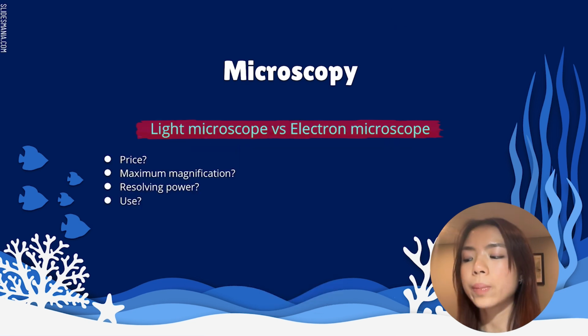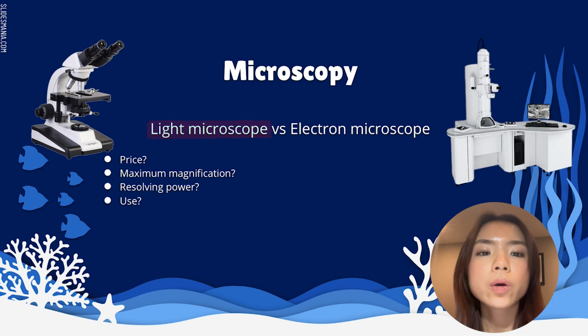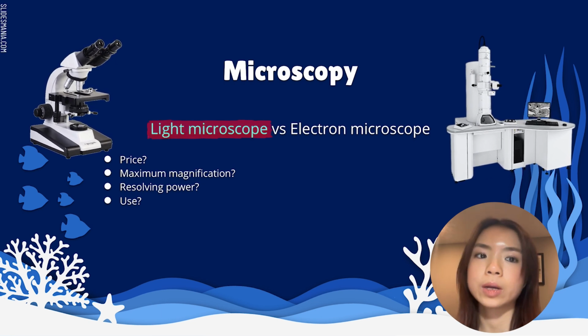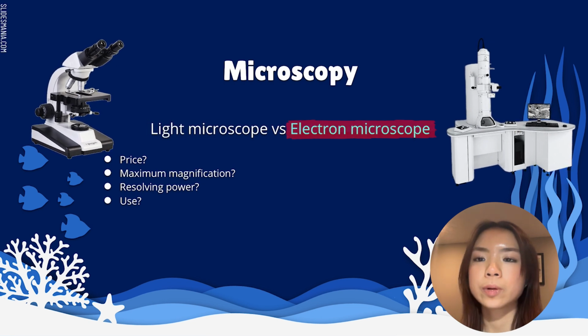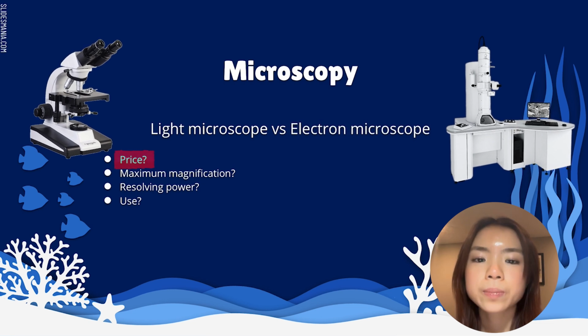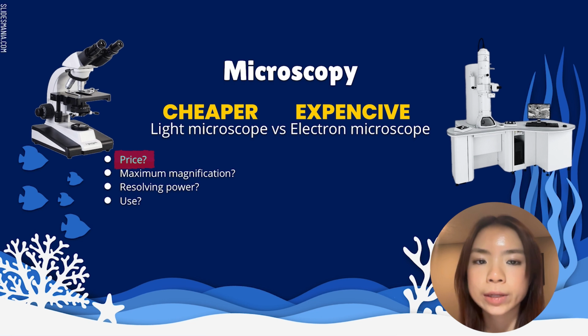Next, let's talk about the difference between the light microscope and the electron microscope. The light microscope is the one that you normally use in school, and that's the one on the diagrams that we spoke about. The electron microscope is not as accessible, so you won't be able to use it in school. Firstly, let's compare the price. The light microscope is cheaper to use, whereas the electron microscope is more expensive.